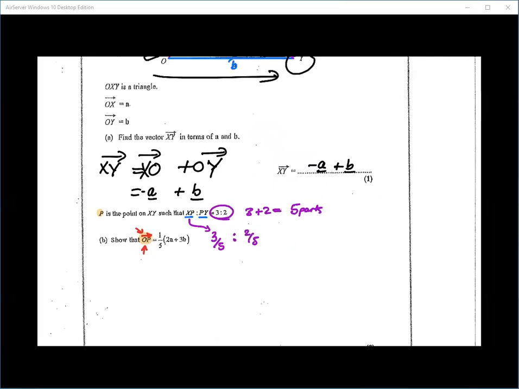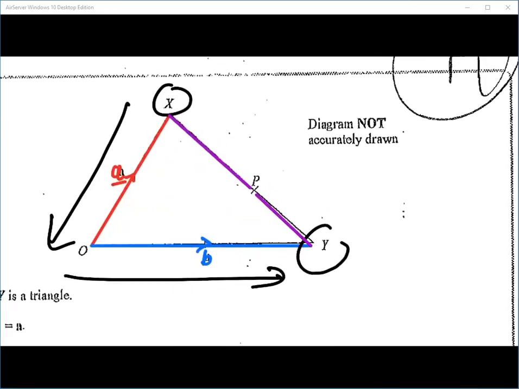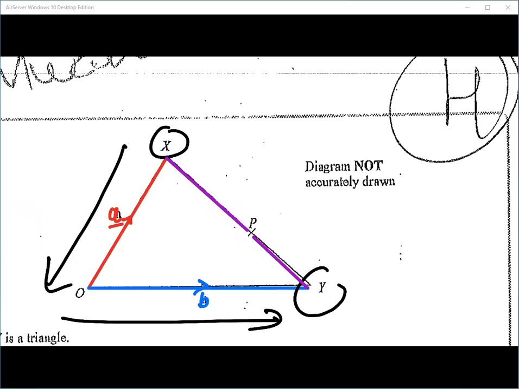Okay, now let's put some of those measurements on there. So X to P is equal to, what do we work out X to Y? Downwards, yeah? So this will be 3/5 of XY, and the bottom part will be 2/5 of XY.